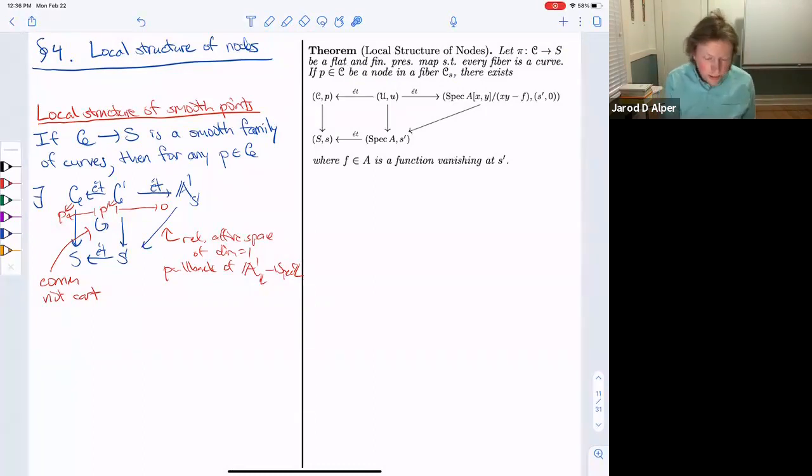And then the conclusion is analogous: there are étale neighborhoods, where this diagram again is commutative but not necessarily Cartesian. We have an étale neighborhood of S and an étale neighborhood of the total family C, which in turn is in an étale neighborhood of this particularly nice node. And note that this morphism is the base change of this universal family of nodes.